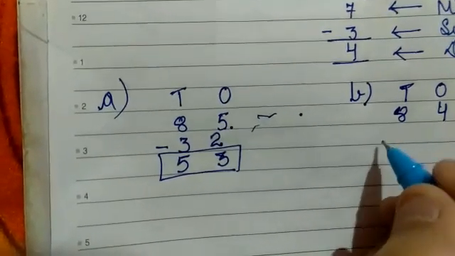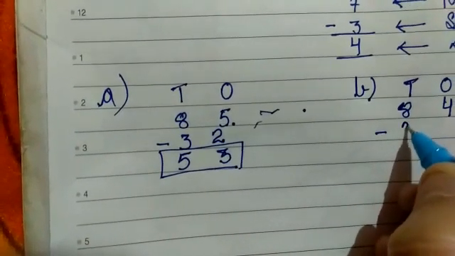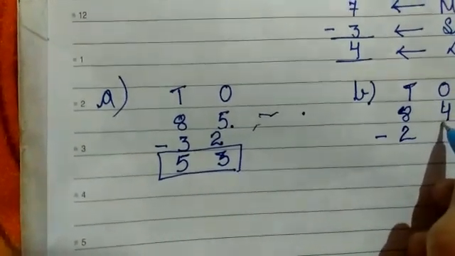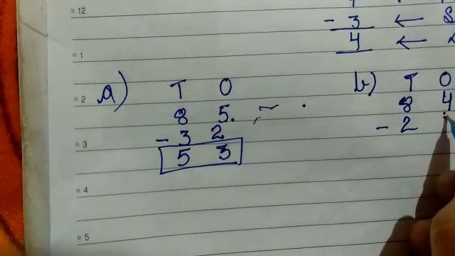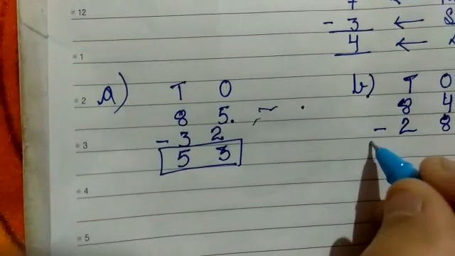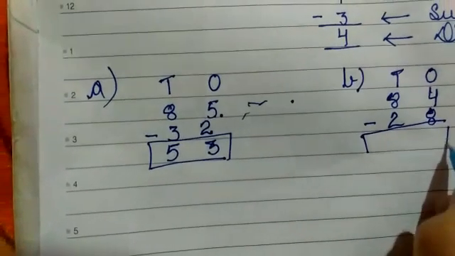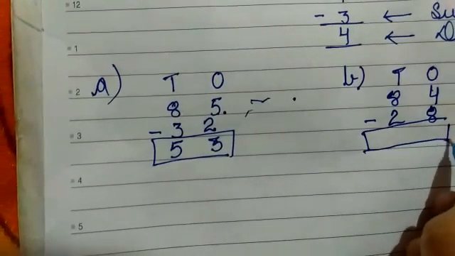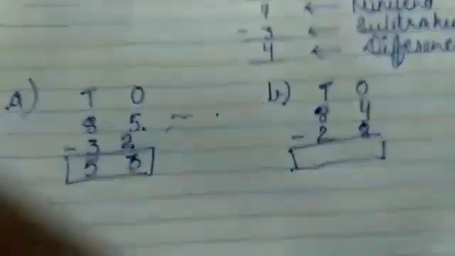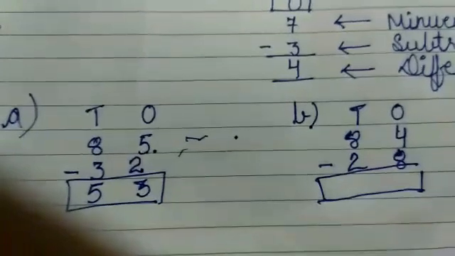84 minus 28. Okay, so children, we have to subtract this sum.